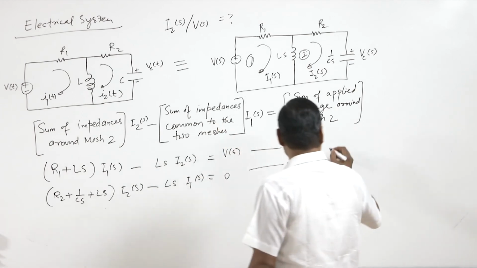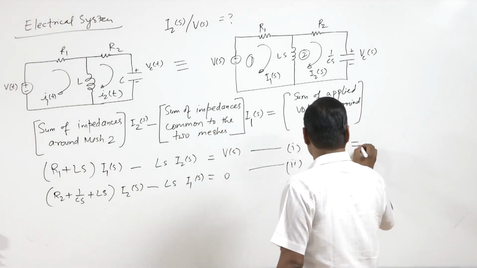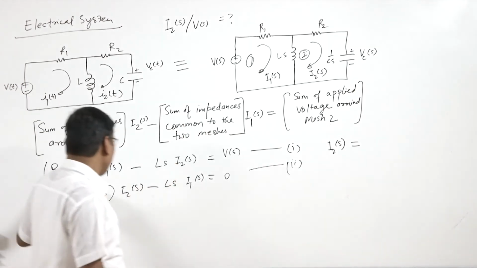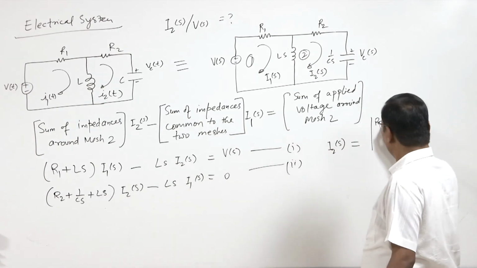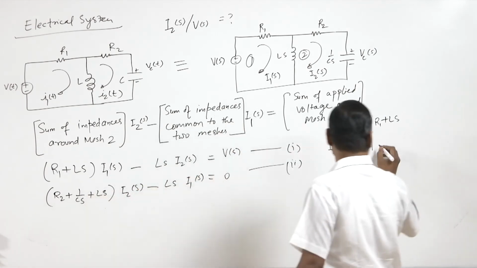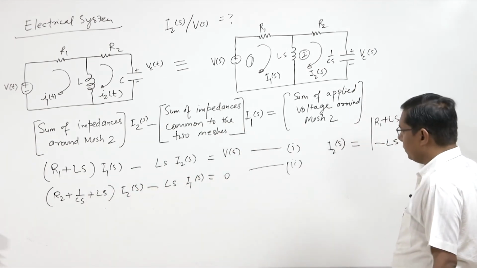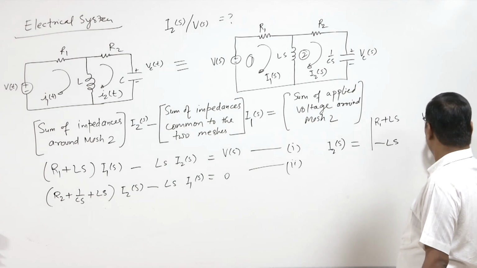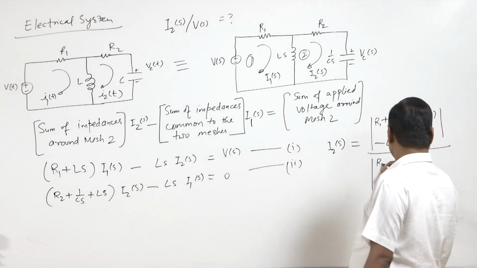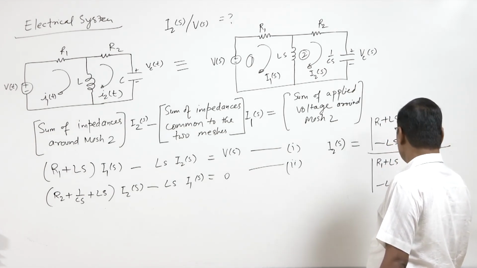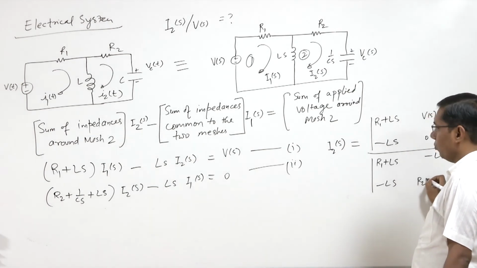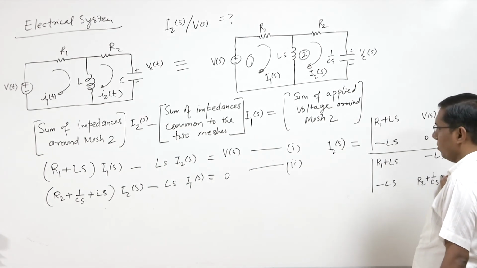So I2(s) equals the determinant with R1 plus Ls, minus Ls, V(s) and 0, upon the determinant R1 plus Ls, minus Ls, minus Ls, R2 plus 1 by Cs plus Ls.